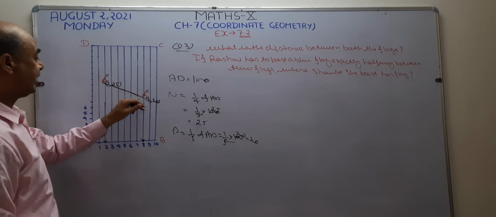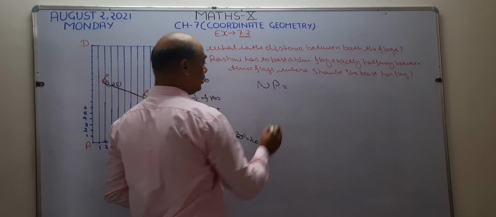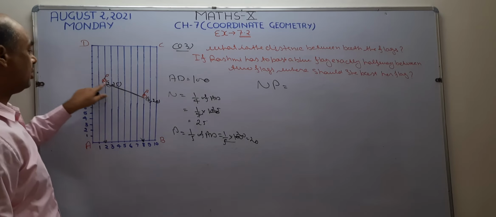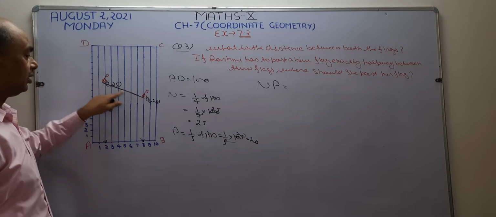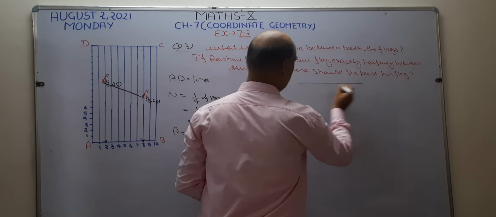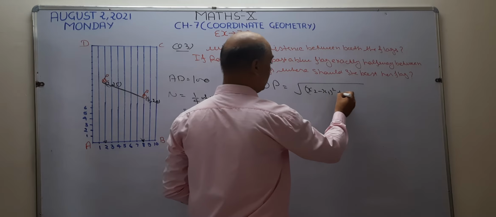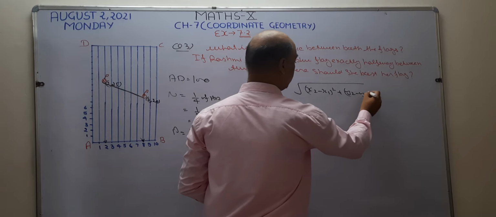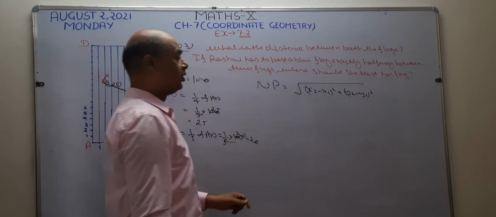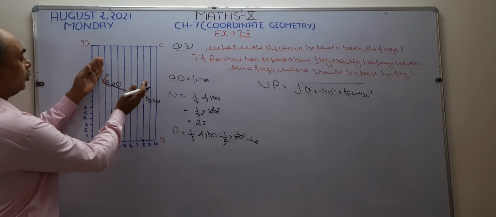The 2 points are N and P. I want to check the distance between N and P by using the distance formula. Do you know what the distance formula is? The distance formula is the square root of (x2 minus x1) squared plus (y2 minus y1) squared. Using this distance formula, I want to check the distance between both the flags.